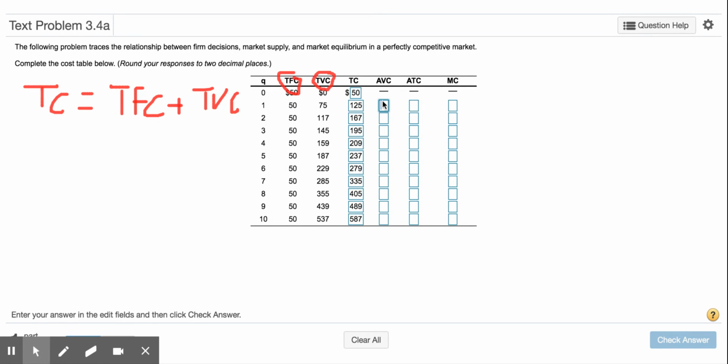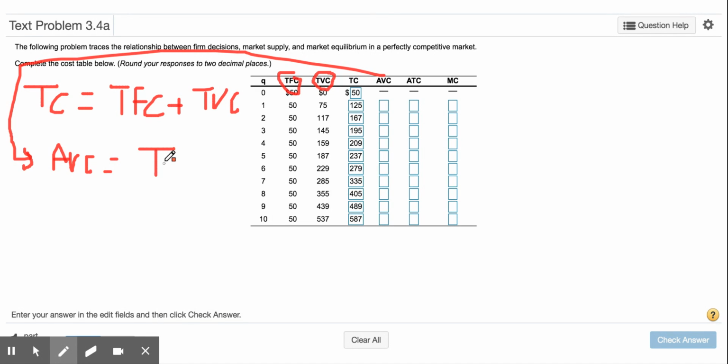To get average variable cost, because it's average, we're dividing by something, we're dividing by quantity. So it's total variable cost divided by output.